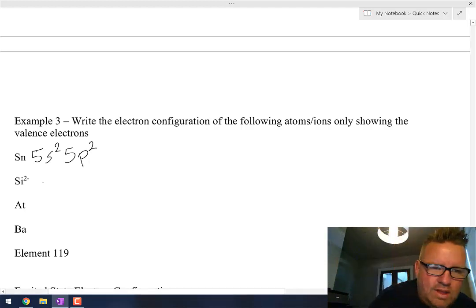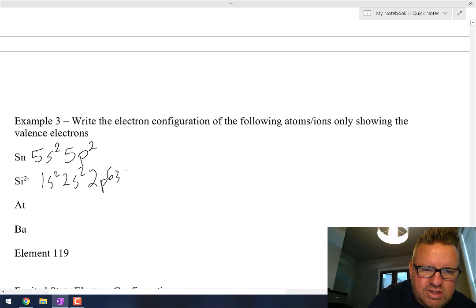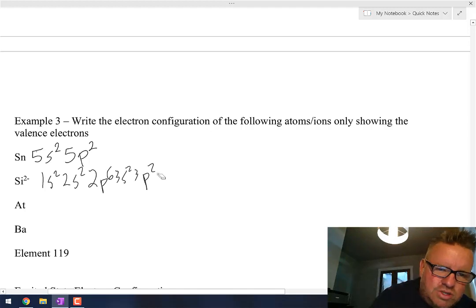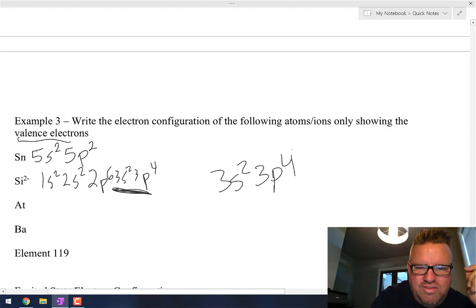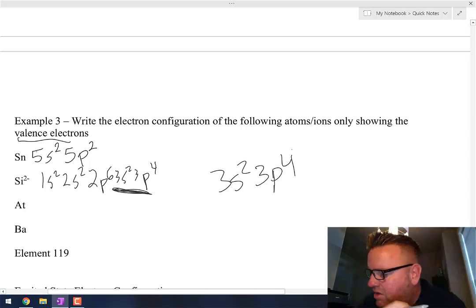So again, regular silicon, 1s2, 2s2, 2p6, 3s2, 3p2. But then with the -2 charge, it becomes 3p4. And then if we're only showing the valence electrons, well, what's our last shell? It's right here. So it's just 3s2, 3p4. So yes, you can do this with ions as well.